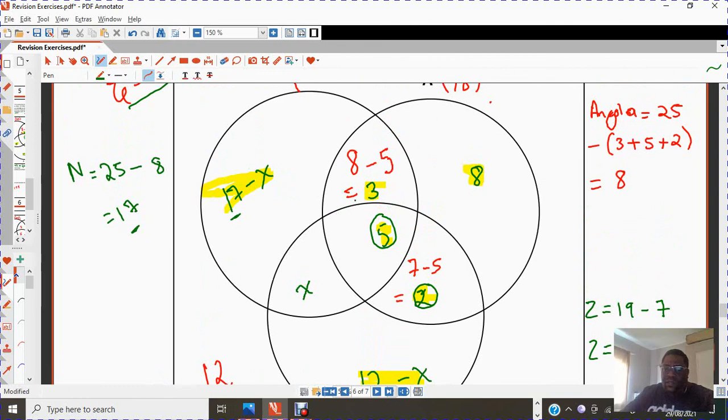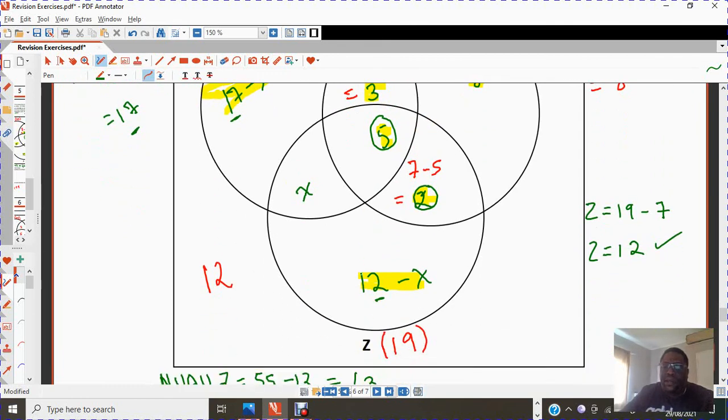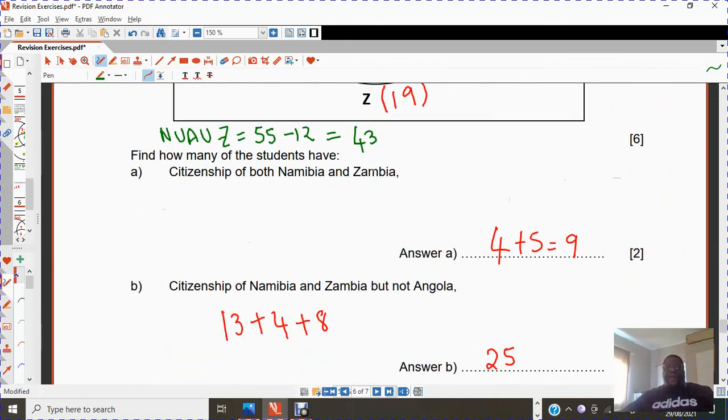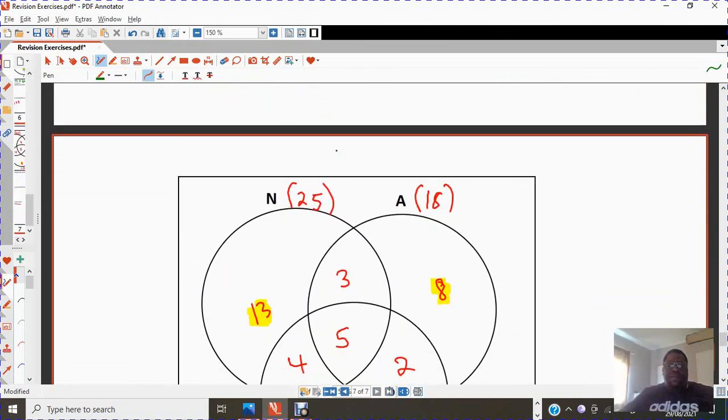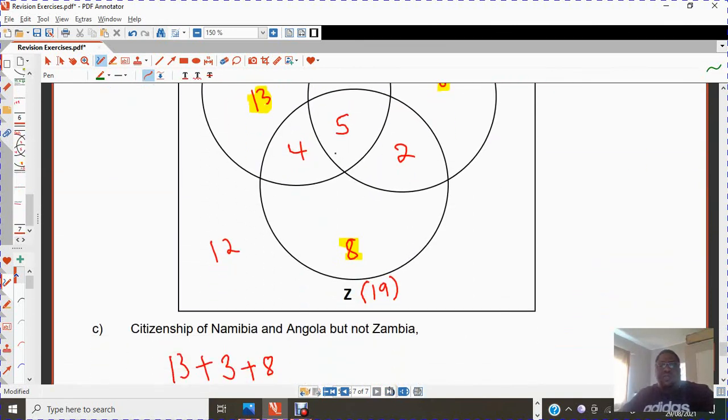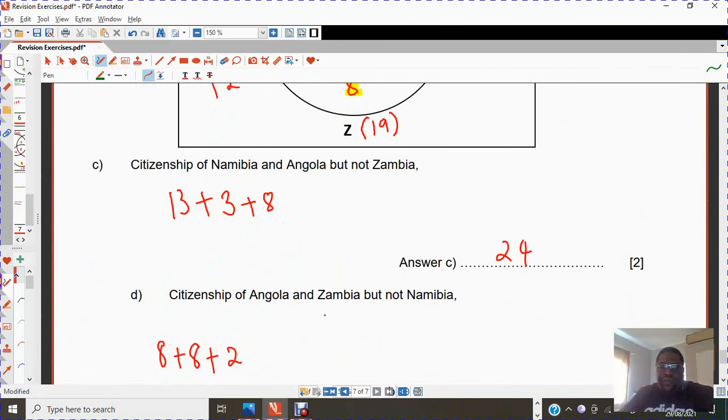It had to be 17 because you already have a 3 and a 5 here. And it had to be 12 here because you already have a 5 and a 2 here. So taking away that 7 from 19 is what gave me that 12 in the first place. Okay, so I hope that was helpful. Have a look, and you can send questions too, and we'll try to solve them for you as we go along.